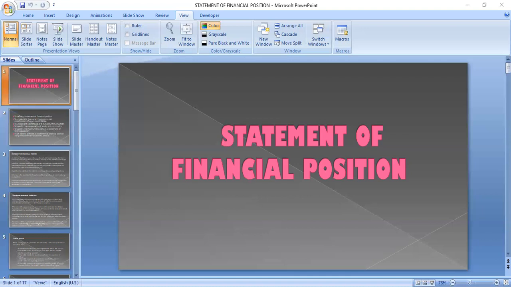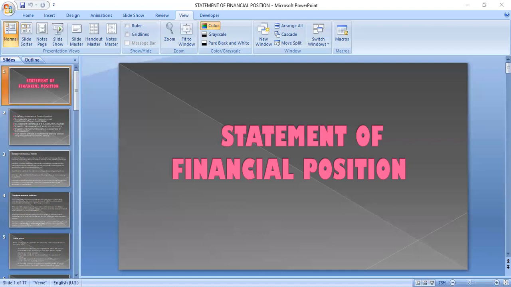Then we have the forms of statement of financial position. The format is not specified. In practice, there are two customary forms in presenting the statement of financial position, namely the report form, where it sets forth the three major sections in a downward sequence of assets, liabilities, and equity, or the account form.